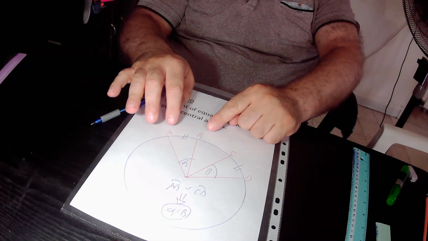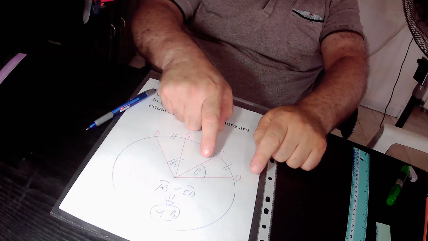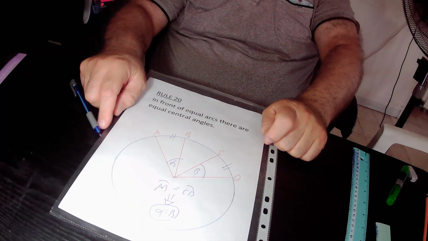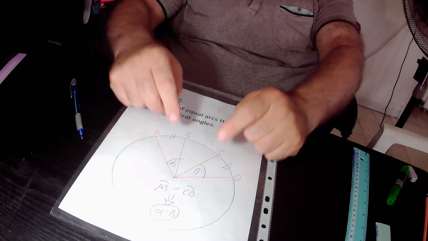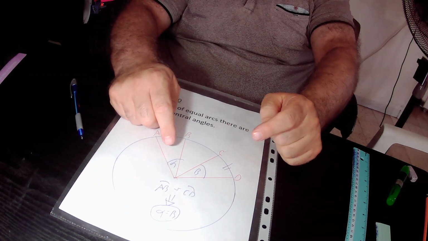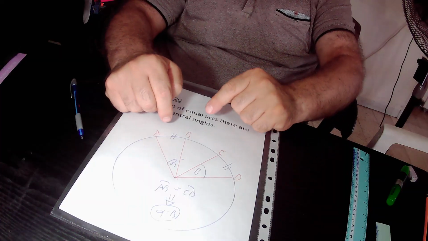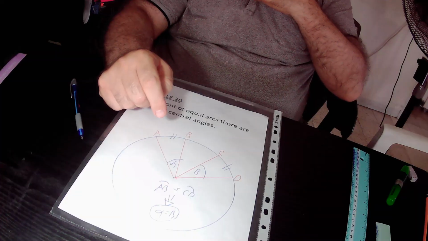In front of this arc AB, we have this center angle alpha. In front of this arc CD, we have this center angle beta. And according to rule 20, those two center angles are equal to each other because they are located in front of those two equal arcs AB and CD.